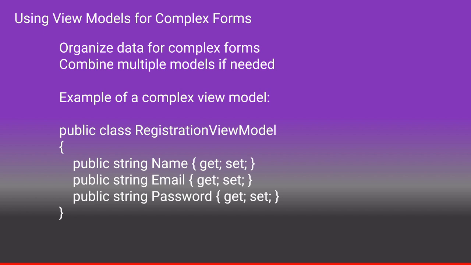This approach not only keeps your code organized but also simplifies data binding and validation when handling multiple inputs. Using view models also enhances readability and maintainability, making it easier for other developers to understand the data structure used in your forms.